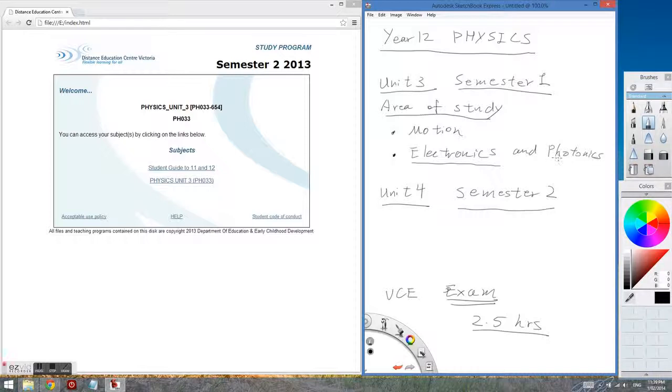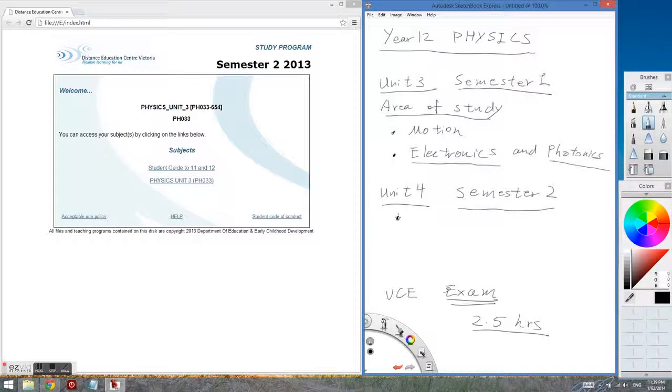Photonics is basically radio wave transmission. In the old days, how did we transmit analog signals through radio stations? That's what we're going to do in Unit 3, Semester 1.